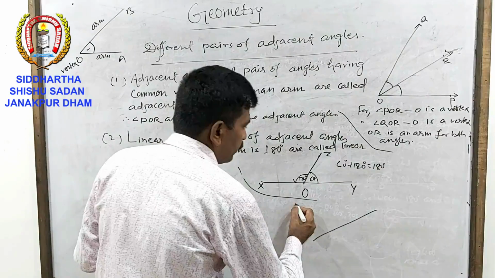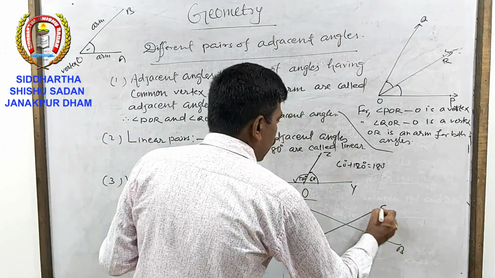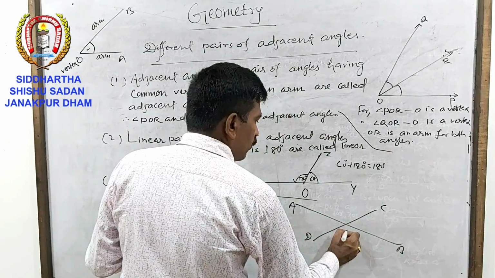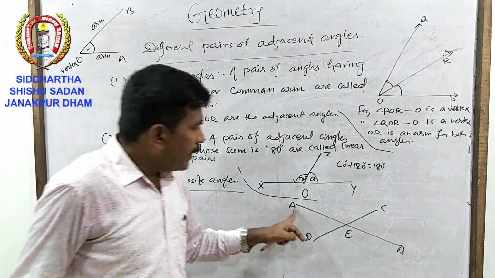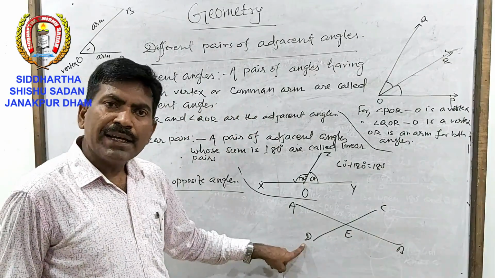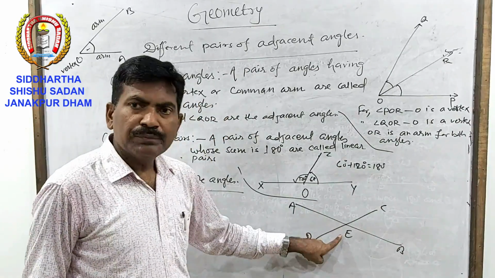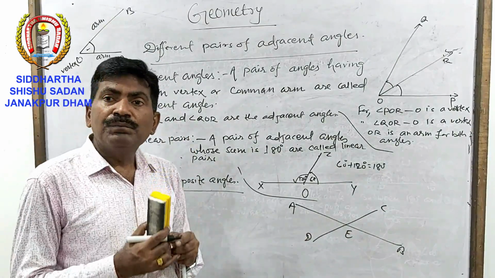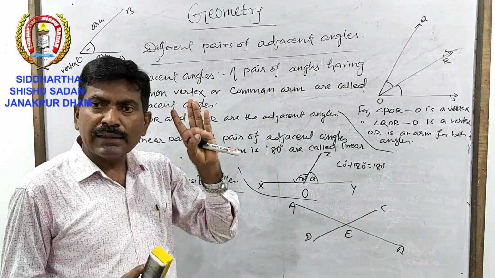Now see, here is AB and CD. Here is E, the intersection point. Now see that AB and CD, these two are line segments and both are intersecting at the point E. Then two pairs of angles are formed, that means four angles are there.